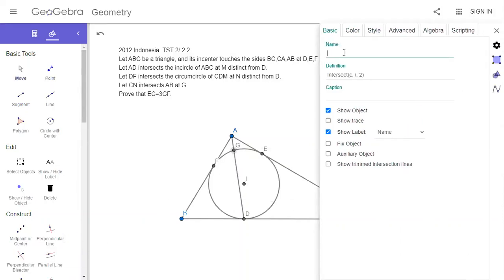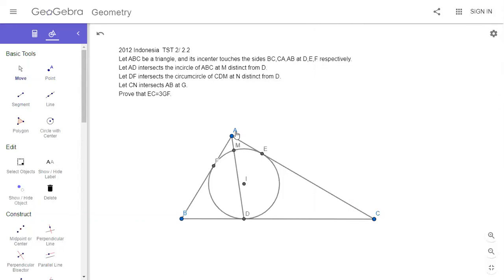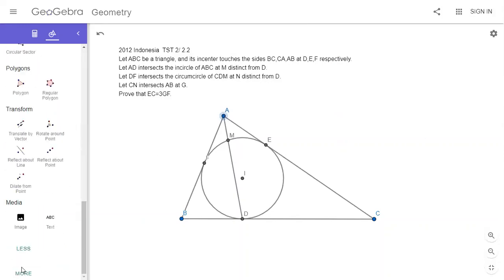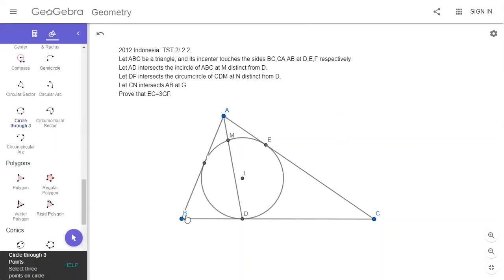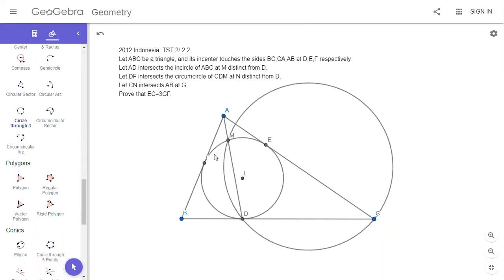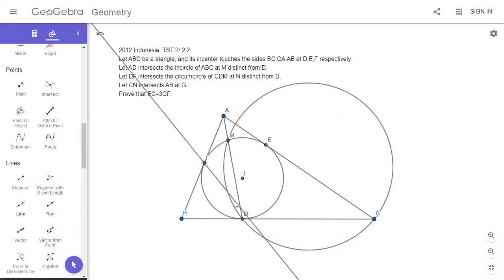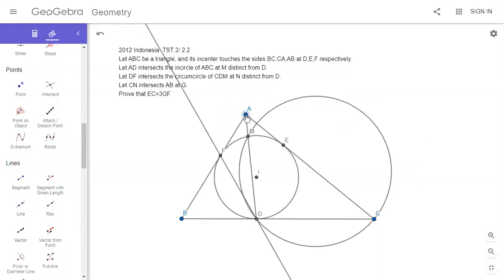DF intersects the circumcircle of CDM at N. Oh, they're almost tangent in that figure.